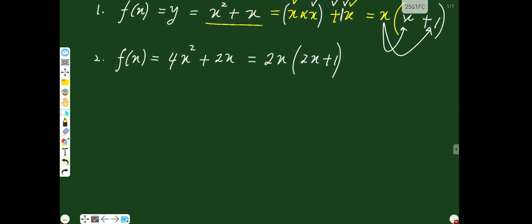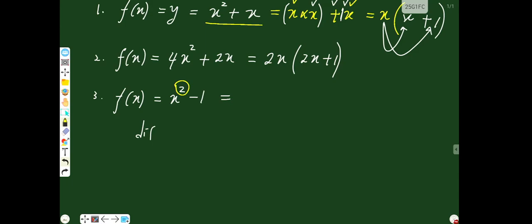Okay, and then there is another way of doing this. Suppose you have x squared minus 1, and that is a quadratic too. Now if you are asked to factorize, there is no common thing here. So what you are going to do is understand the pattern, the structure. This is a difference of squares.